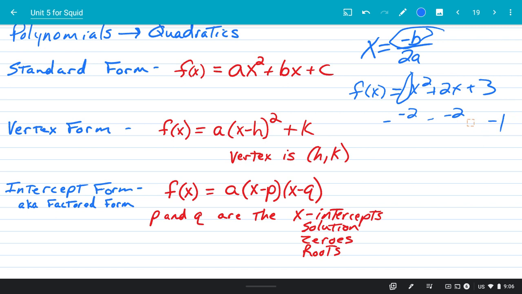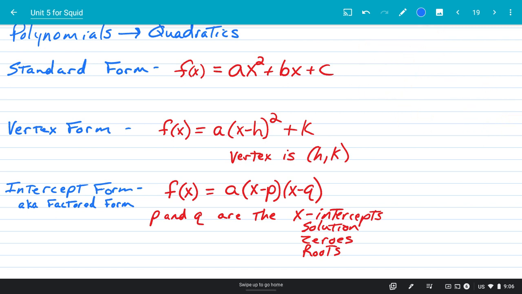And then, after all that work, which we didn't really like that much, we went on and learned about vertex form. We liked vertex form, didn't we? Vertex form is very simple. Say I had f of x equals 2 times x plus 3, quantity squared, plus 4.